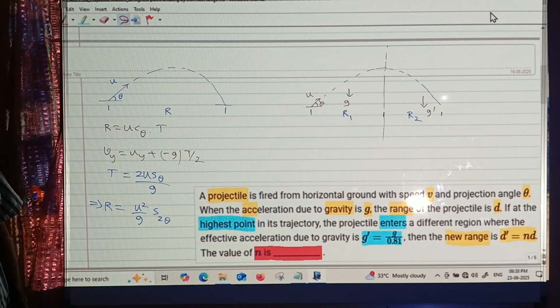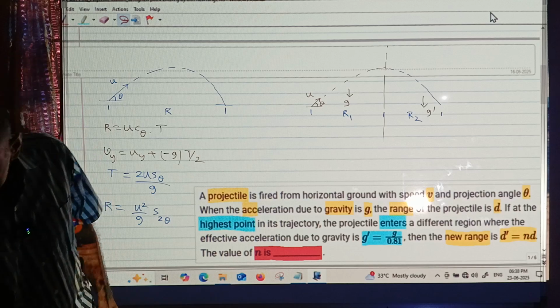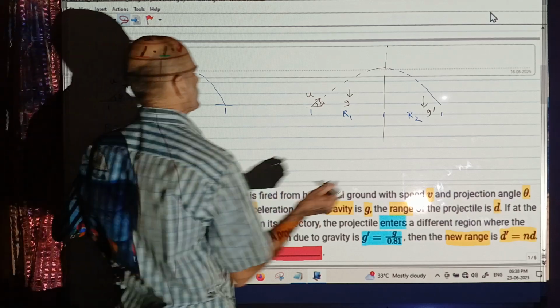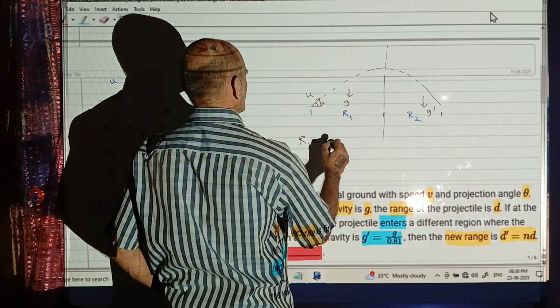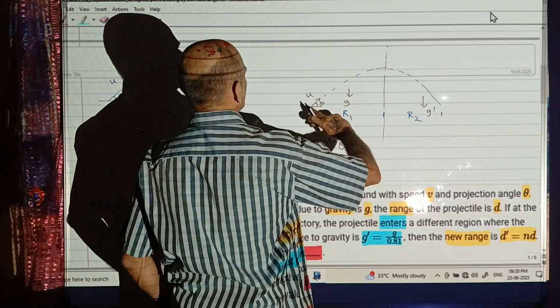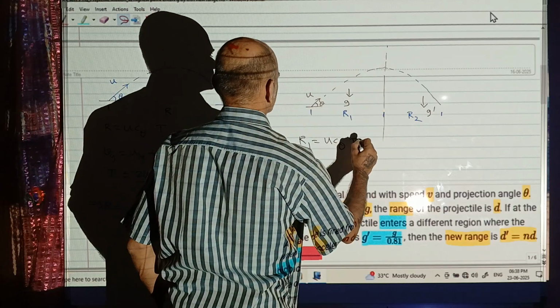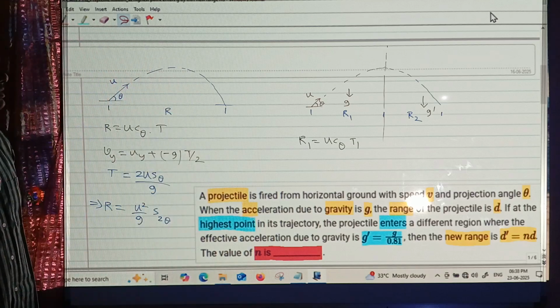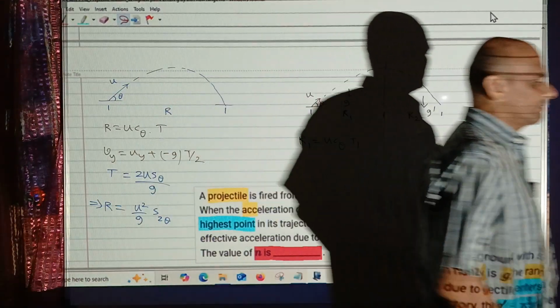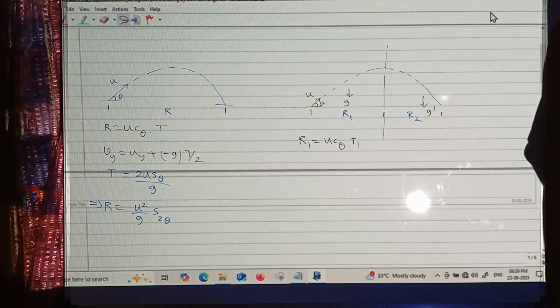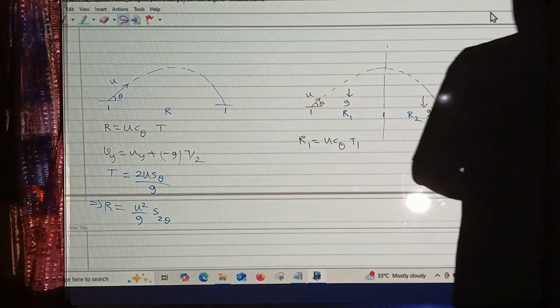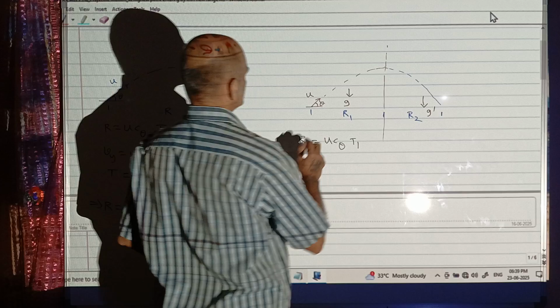So R1 we can get as u cos theta into the time to go from here to here, that's T1. And T1 you can get from the vertical motion between this point and this point.